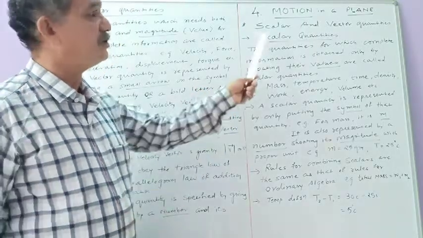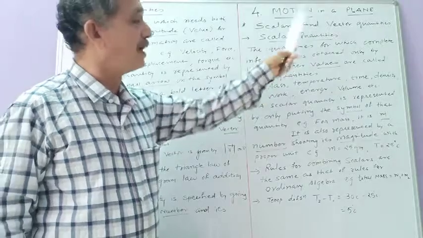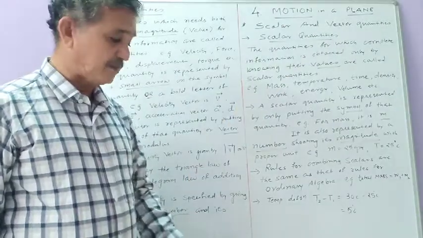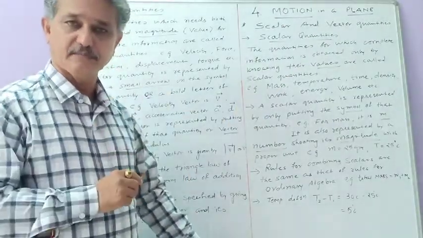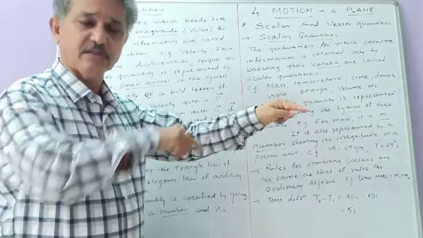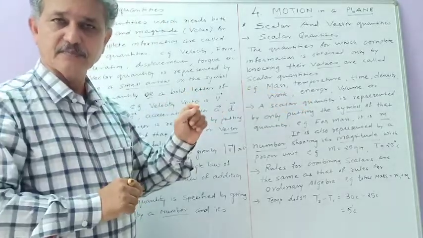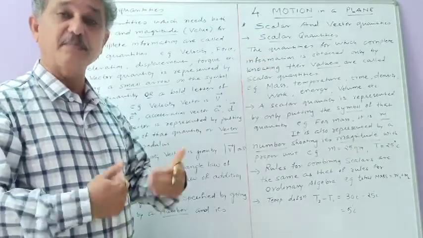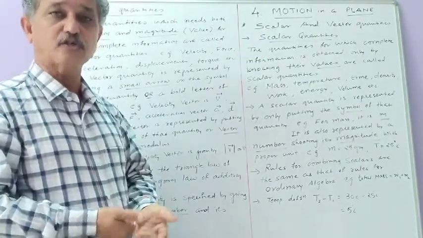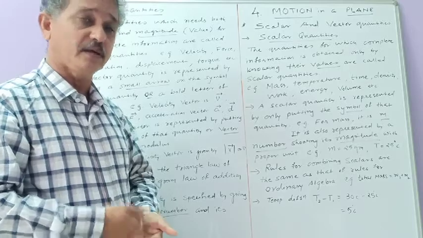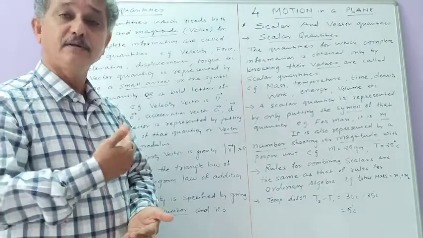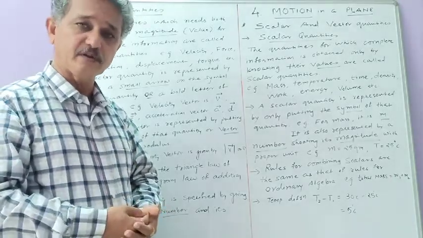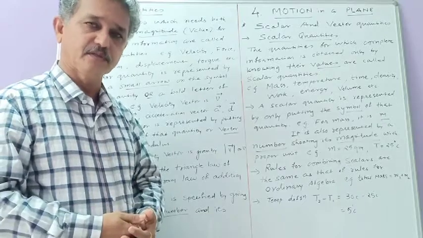But in this chapter, motion of a particle in a plane, that plane may be two-dimensional plane, like x-axis to y-axis. The motion of a particle in three dimensions, that means in a space. So for such a motion of a particle in plane or in three dimensions, we need vector quantities.